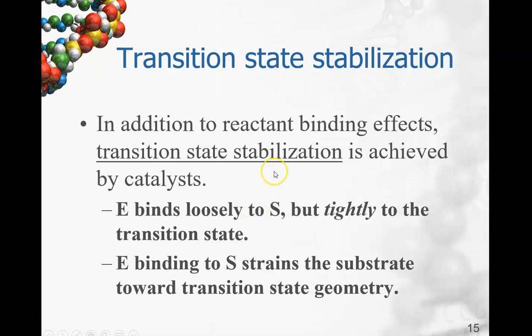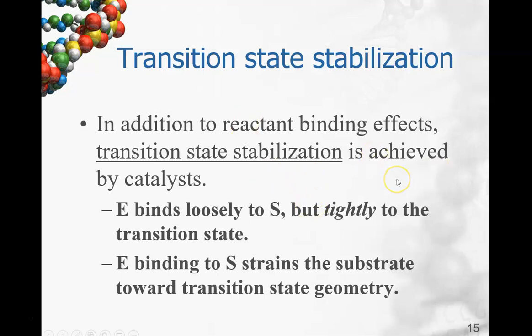So that just describes how enzyme binds to substrate, but now we want the substrate to be converted to product, and in order to do that we have to go through the transition state as we just talked about. So we need to bring down the energy of the transition state to speed up the reaction. That means stabilizing the transition state. So all enzymes are involved in transition state stabilization.